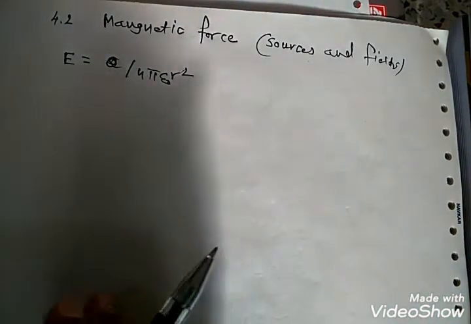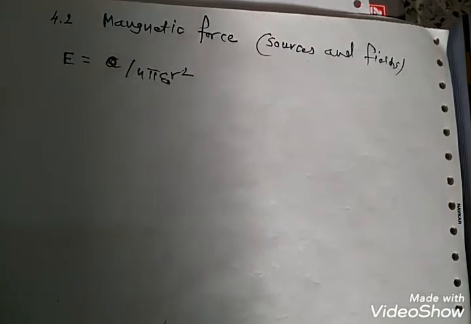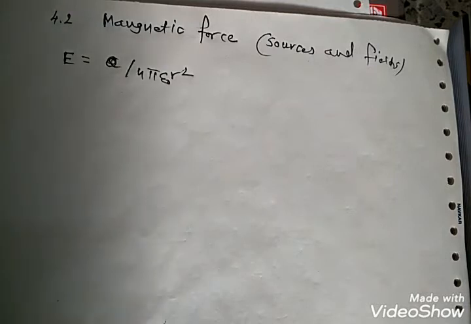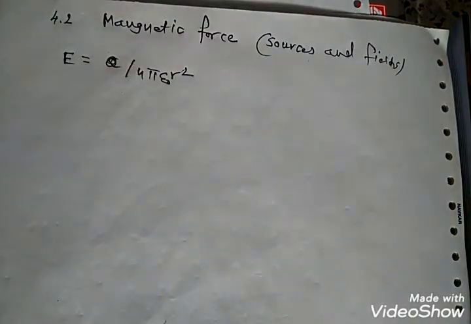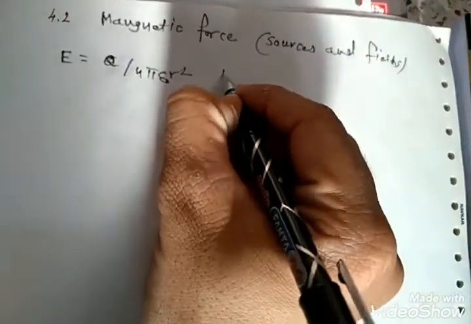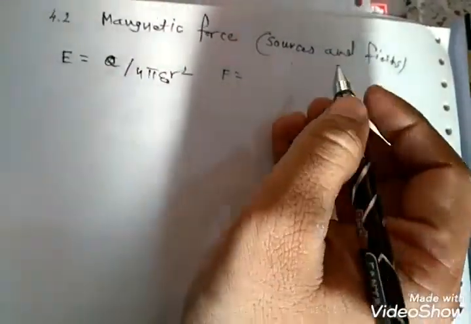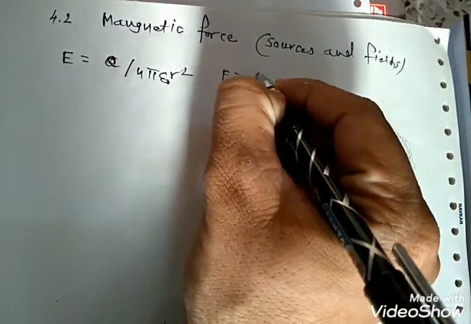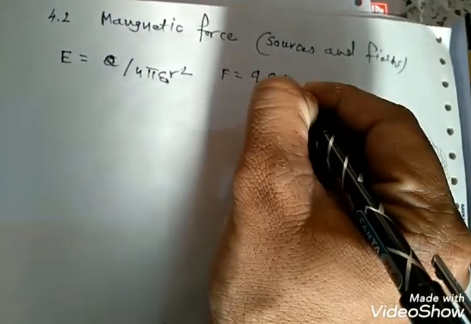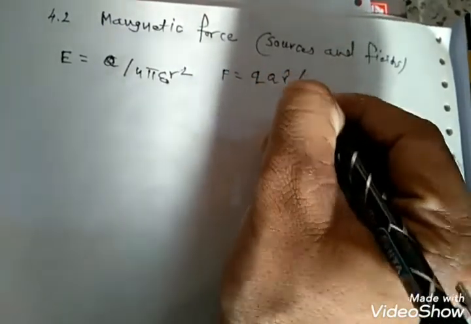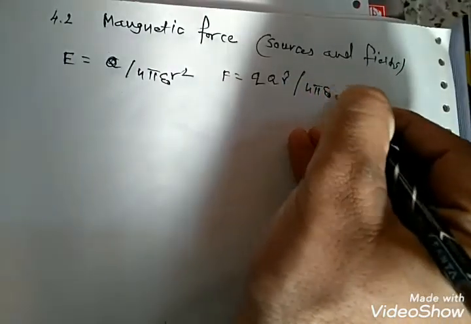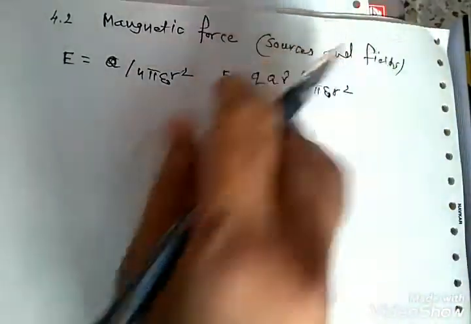Where r cap is the unit vector along r, E is the electric field, and a charge q placed in the field experiences a force F equal to q Q r cap upon 4 pi epsilon 0 r square.